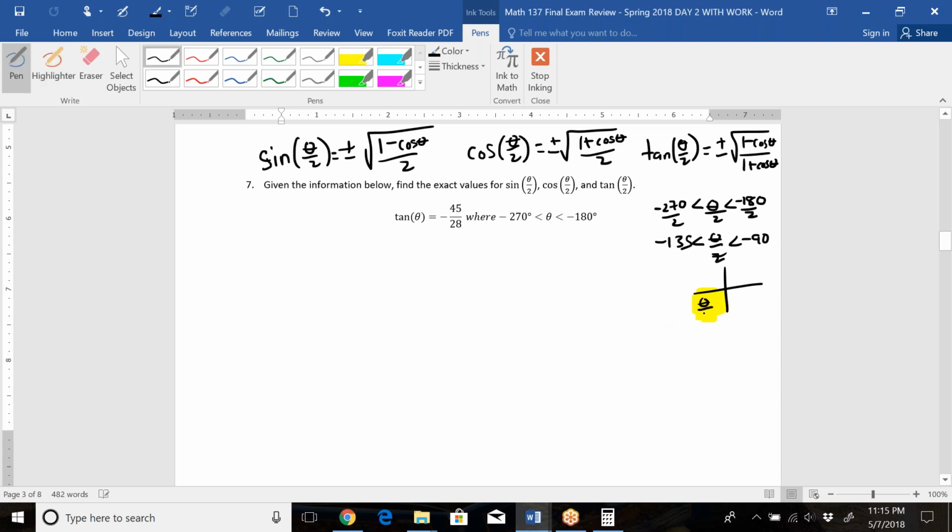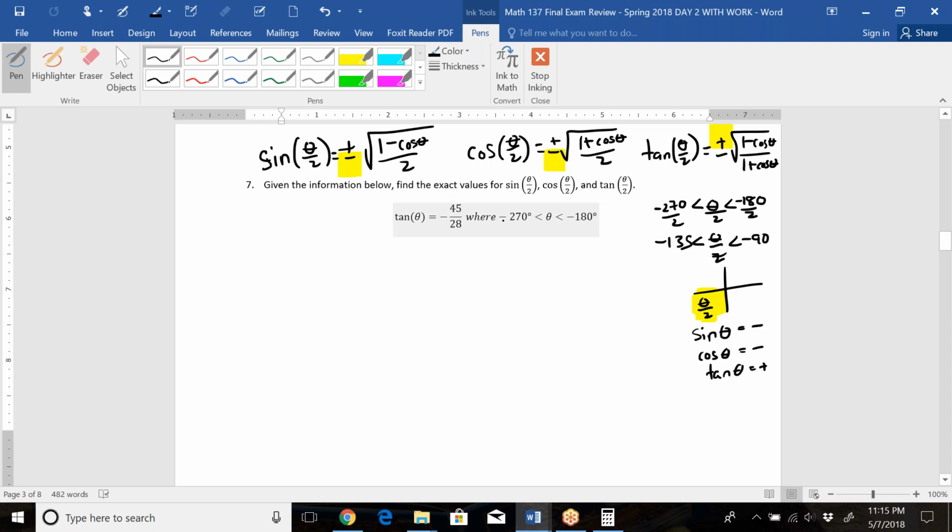So this is where theta over 2 is located. Now, why do we care about that? Because that means sine down here is negative, cosine down here is also negative, and tangent here is positive. This little side journey right here only tells us what signs to pick. So we're going to pick negative, negative, positive. Okay, that's the only reason you needed to know that.